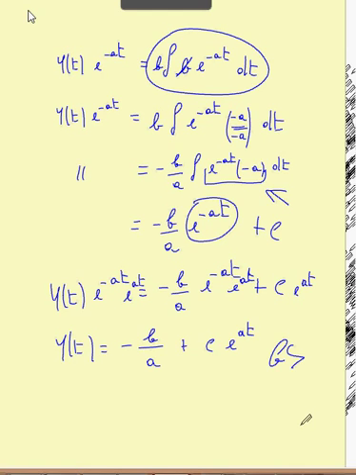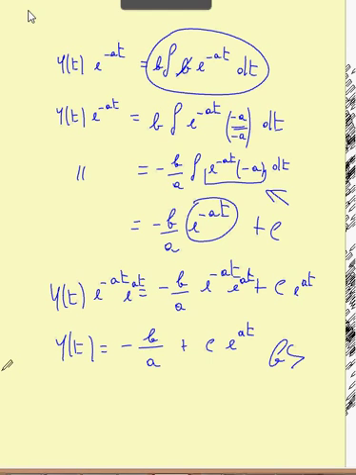Now, using some initial condition, we can get the particular solution. For instance, if the initial condition y of 0 is equal to y0, the initial value of y is y0. From the general solution, what do we get? y0 equal to minus b over a, which is y star, plus c.